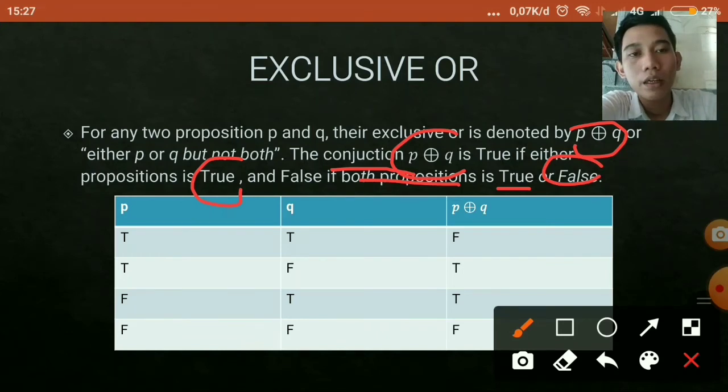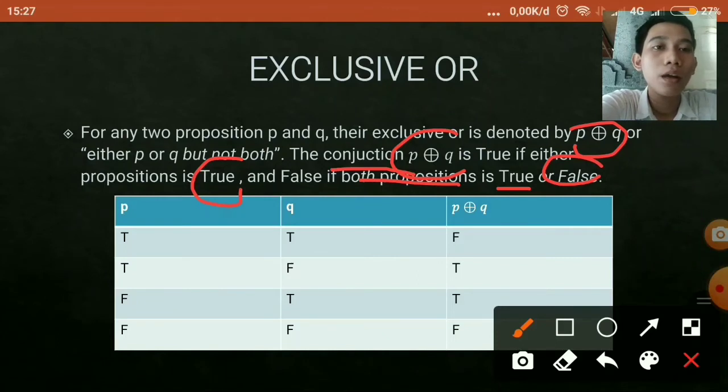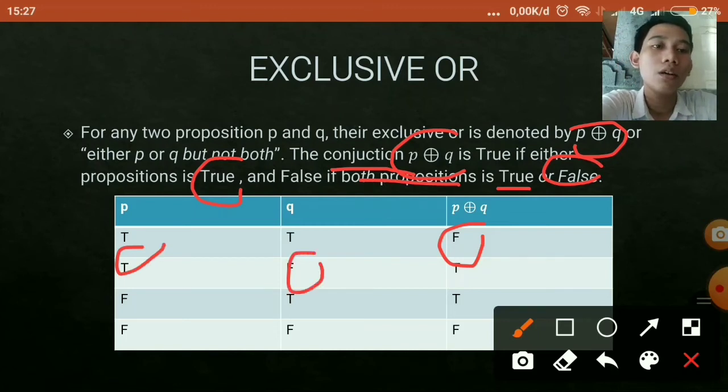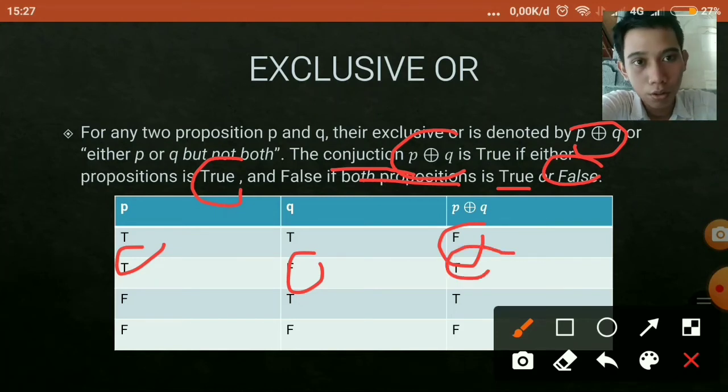Example, if P is true and Q is true, then the exclusive OR of P and Q is false. If P is true and Q is false, then either P or Q but not both is true.